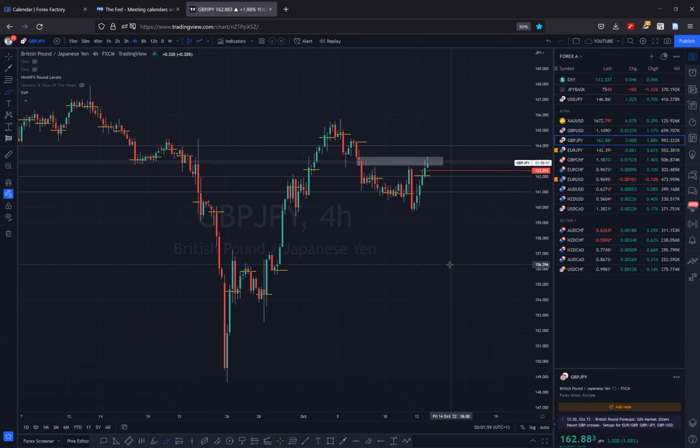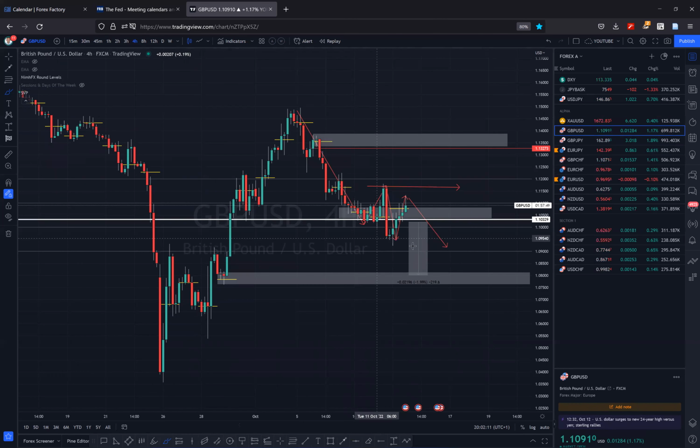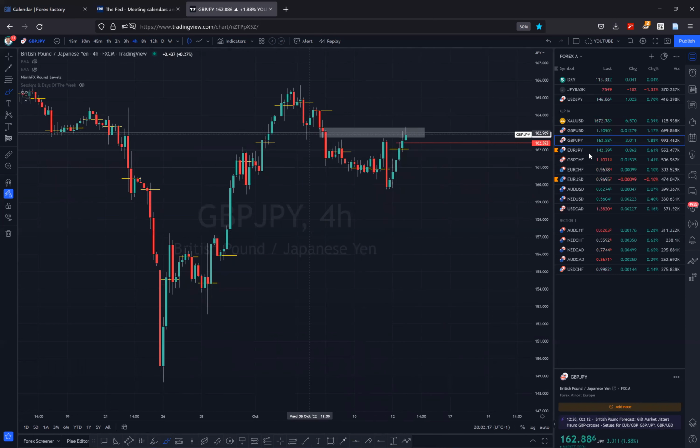This is just by the way, but keeping an eye on GBPJPY. So GBPJPY broke the high. So this is a similar structure to what we had on GBPUSD. This high has not been broken. GBPJPY has broken the level, but currently sitting at this resistance level.